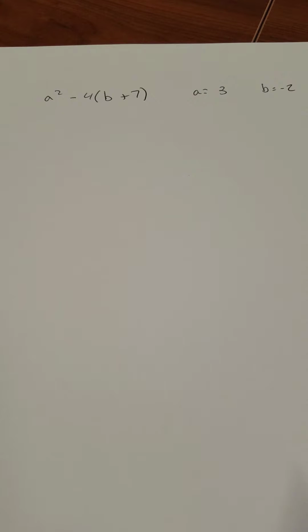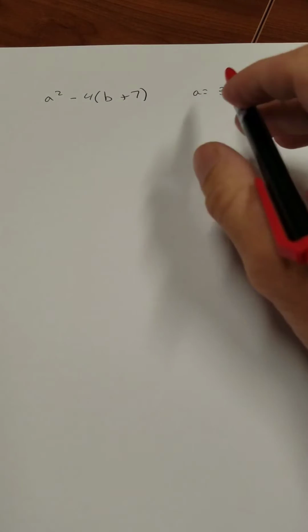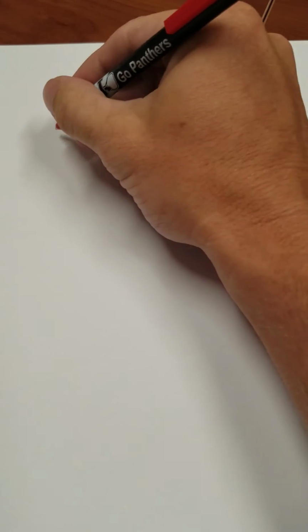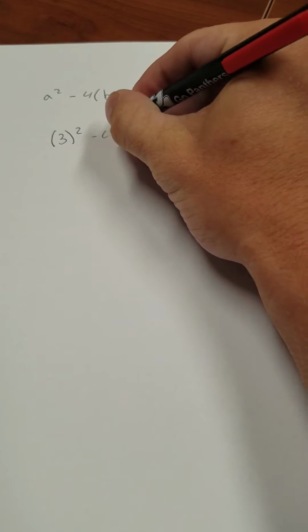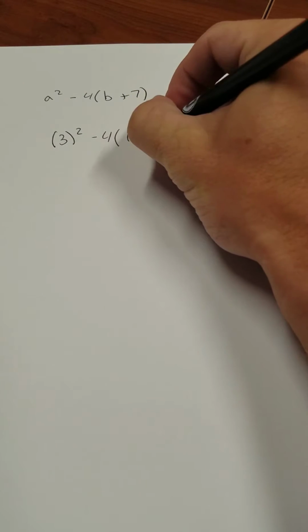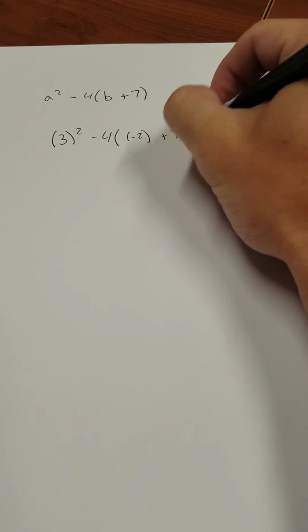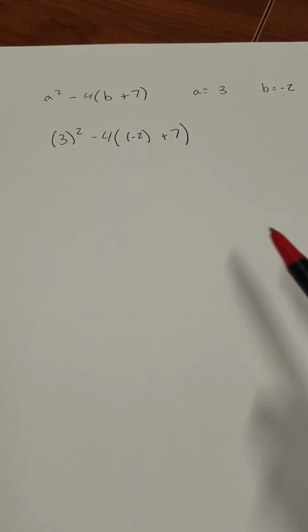Replace the variables with the numbers. Where I see an a, I put a 3, but remember we're using parentheses. Squared minus 4 times parentheses negative 2, plus 7. I have to add another parenthesis right here because of the negative 2.